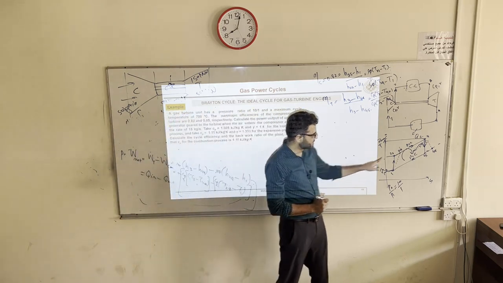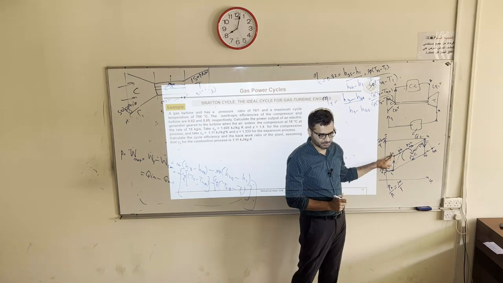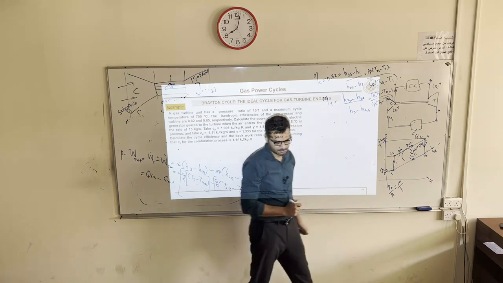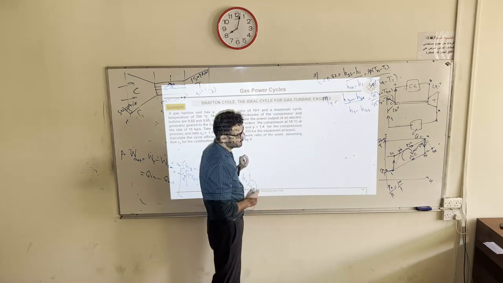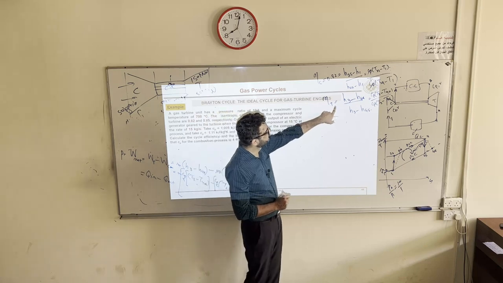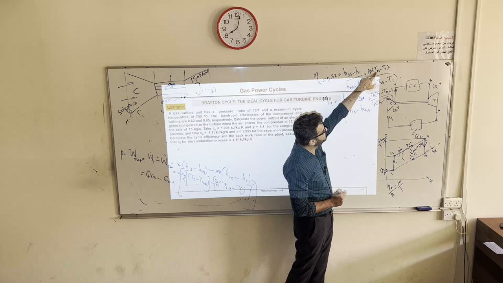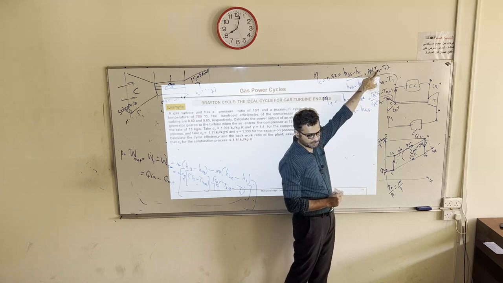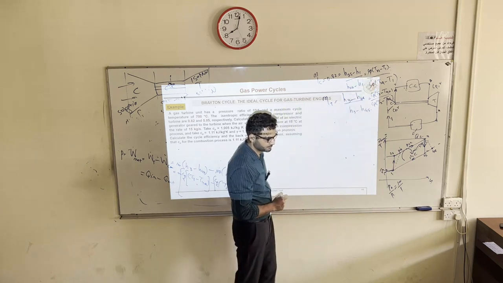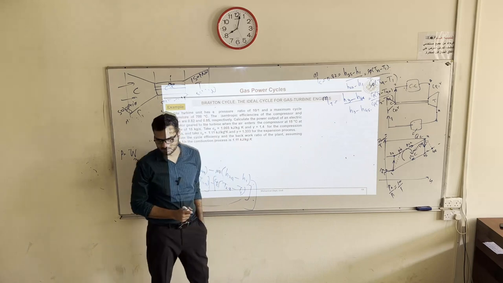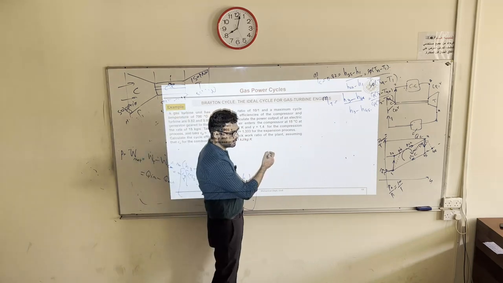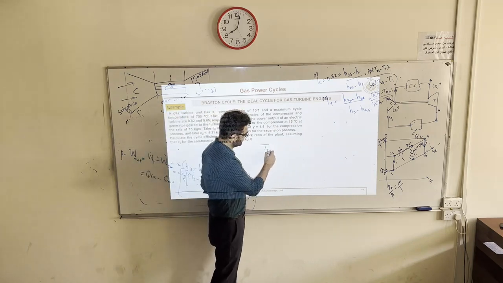We can find out this T2A with the help of T2S. For isentropic process, because we have this equation, I can find T2A if I know T2S, and T2S for isentropic, for ideal gas, and for constant specific heat. So look at the usefulness of these equations.